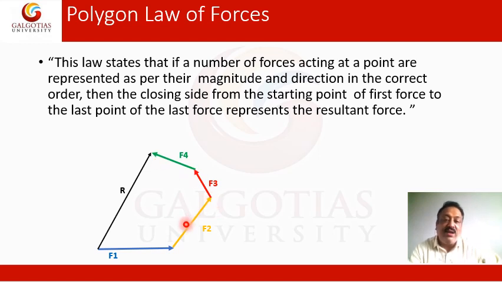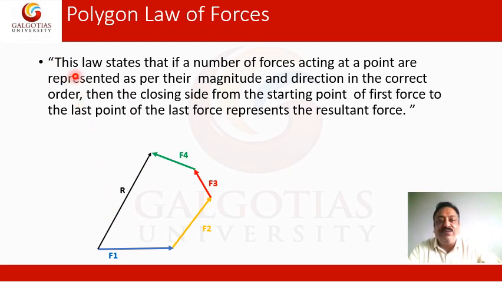So if you join the forces in this order, then the closing side of the polygon will give you the resultant R, and that is very simple to understand. If you extend the law of triangle of forces, you can easily prove the polygon law of forces.